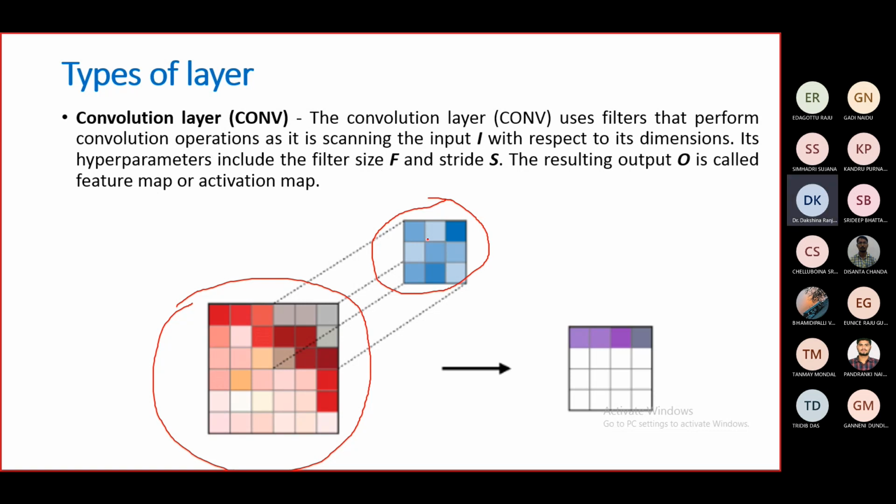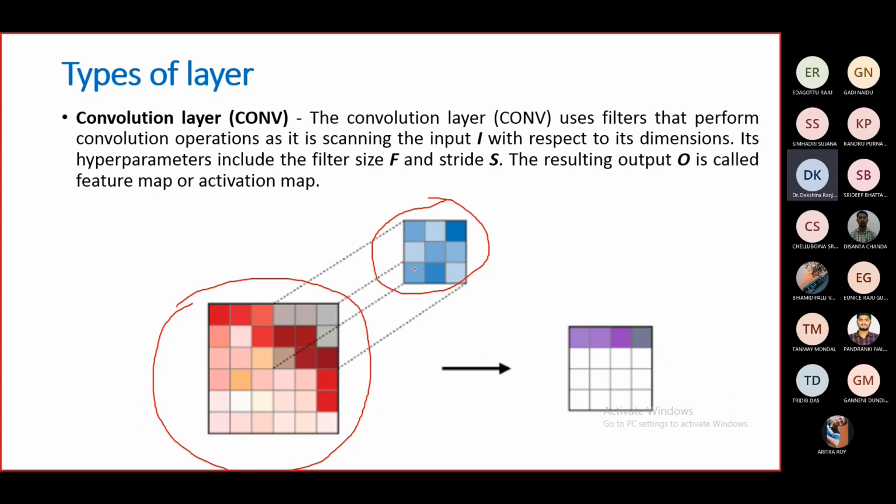The weights of these filters may be externally represented or internally represented. When the weights are internally represented, they use the pixels of the input image itself. If the weights or coefficients of the filters are externally defined, then we can use randomly assigned values that are to be learnable or that are to be trained.